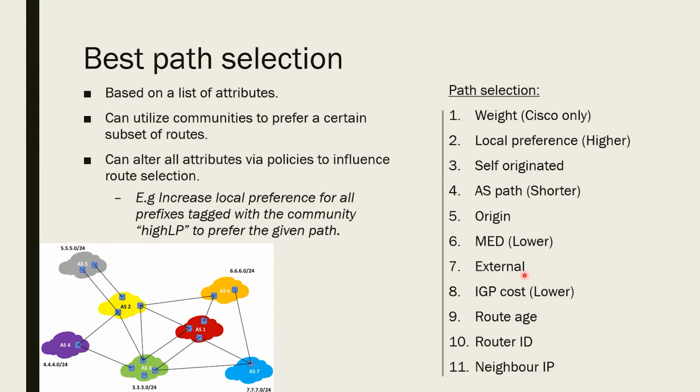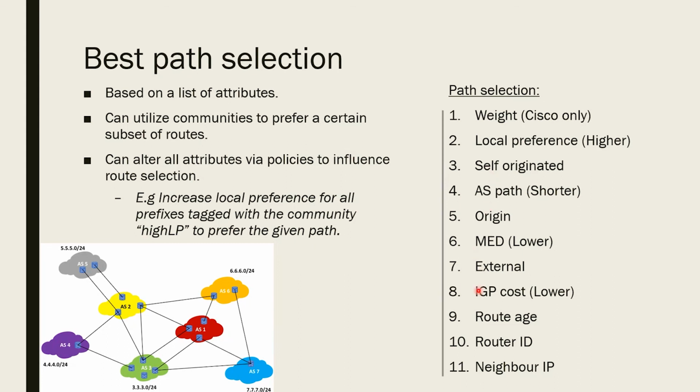We then prefer an external eBGP learned route over an iBGP route, because obviously we trust eBGP to have no loops versus iBGP, where you might have some loops with the route reflection. It can get a little bit messy sometimes.